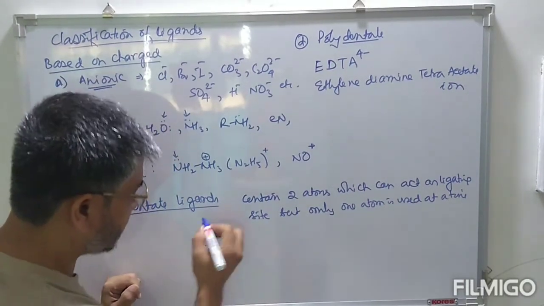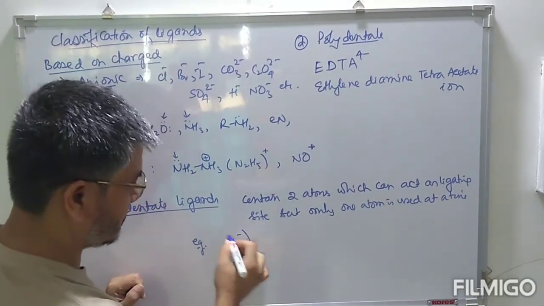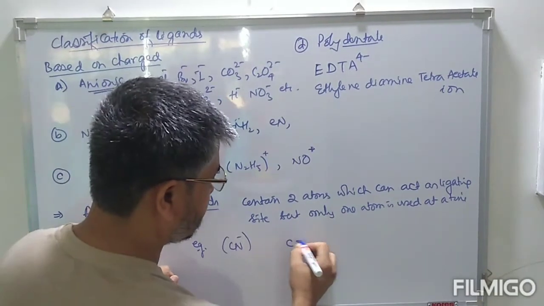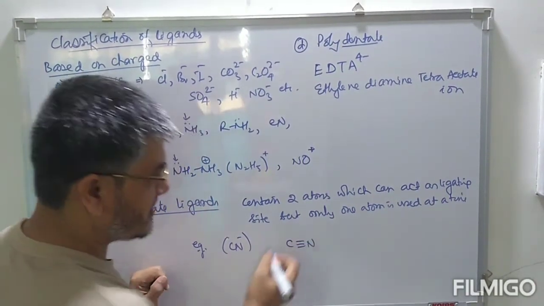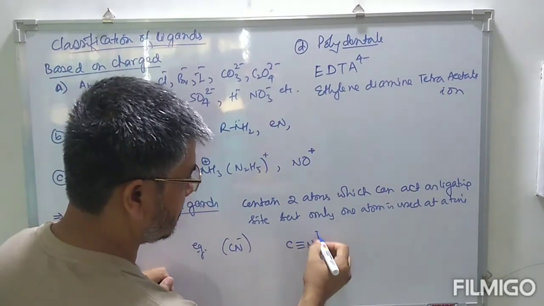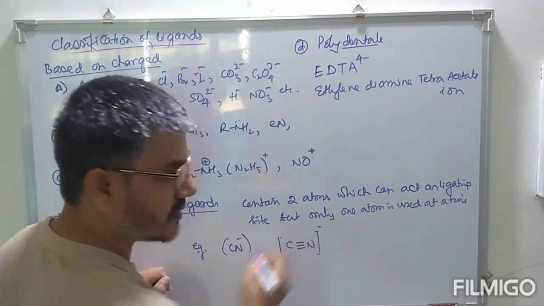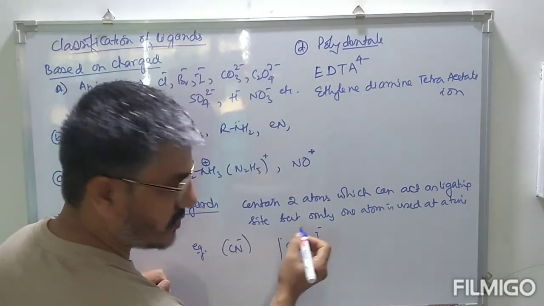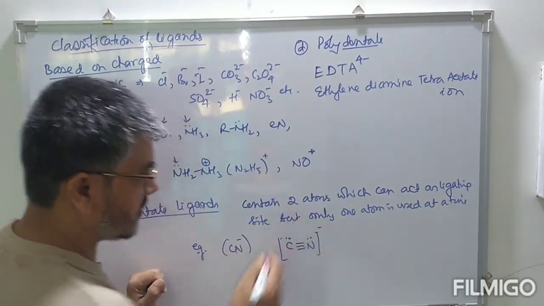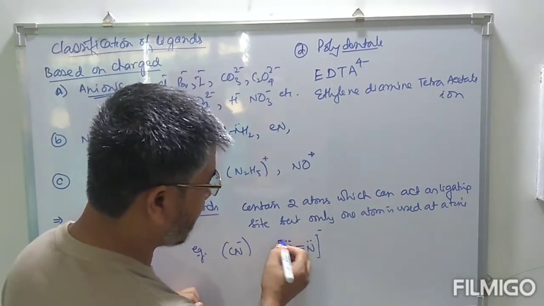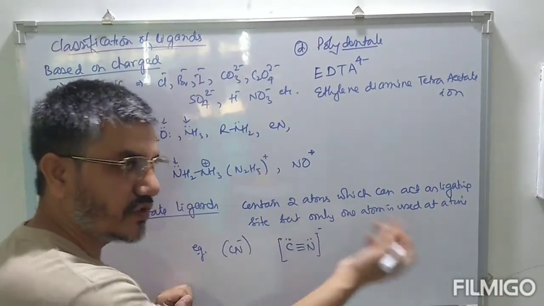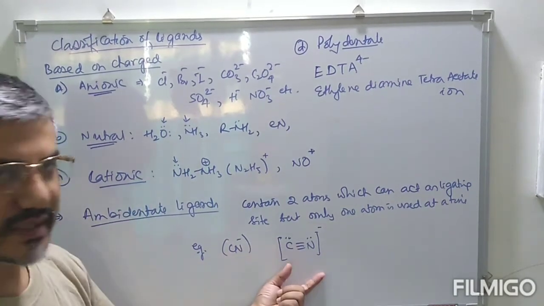The best example is CN minus, that is, C triple N, with the negative charge. Nitrogen is also having a lone pair of electrons. Carbon is also having a lone pair of electrons. So both carbon as well as nitrogen can bond to the central atom.